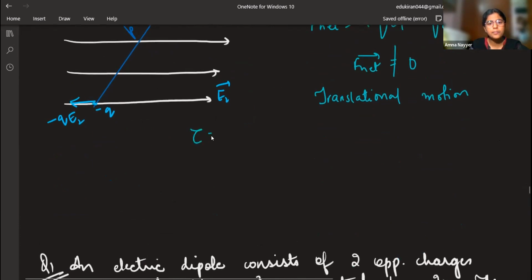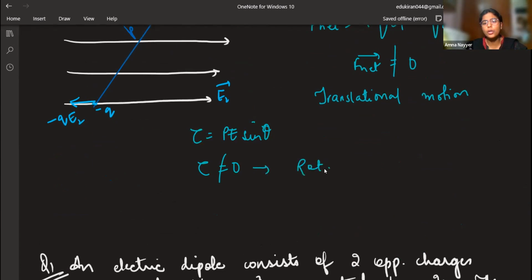Torque is PE sine theta, right? So torque is obviously not equal to 0 because PE sine theta is containing some values. So somehow this will have rotational motion also. So no translational equilibrium, no rotational equilibrium. The body isn't under equilibrium.